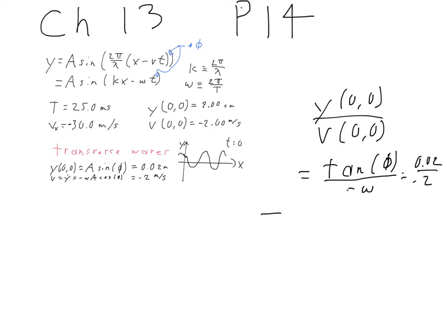And so if we solve for this, we need to be careful. One thing we need to do before, of course, is find what the angular frequency is, which again is going to be 2 pi divided by the period, and that will give us approximately 251 hertz.